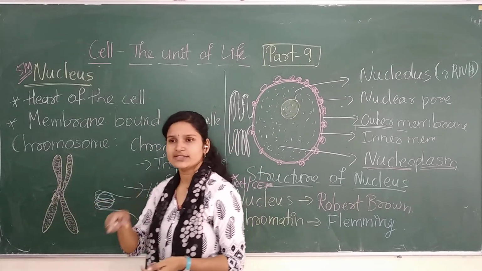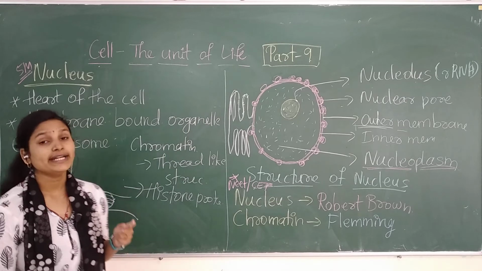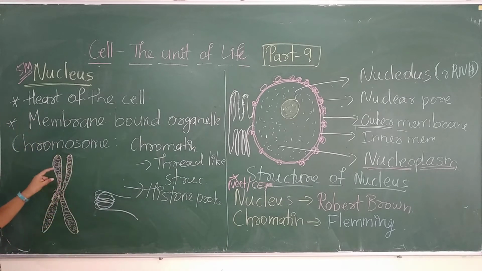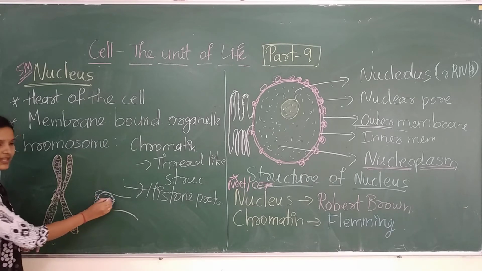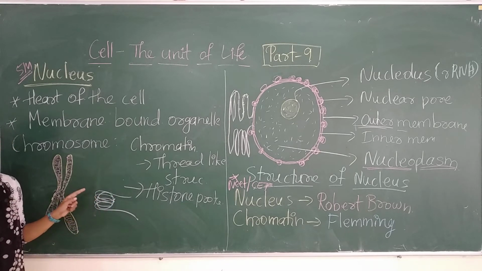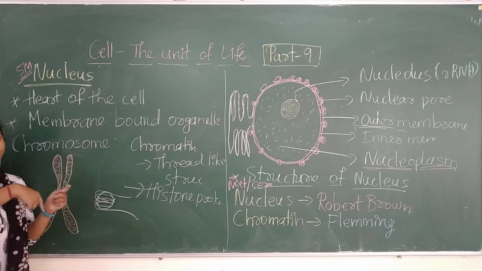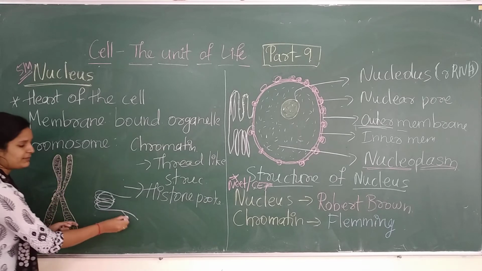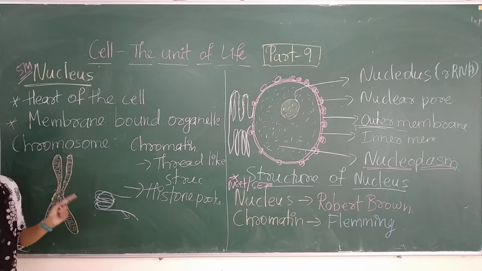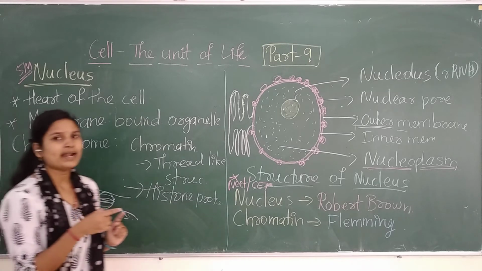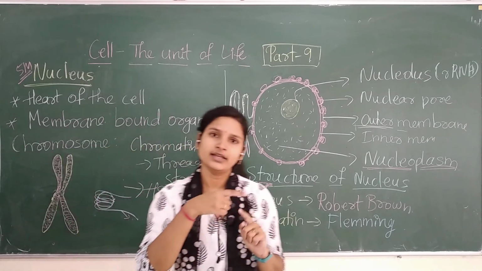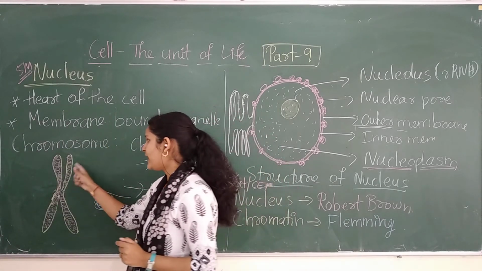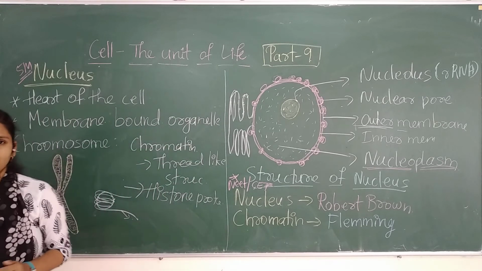There will be a thread like structure in the interphase, but in case of metaphase the appearance will look like this. The blue colored part which I am showing is histone, and the coiling will be taking place, this will be DNA. Histone plus chromatin will be coiled and fitted inside this.